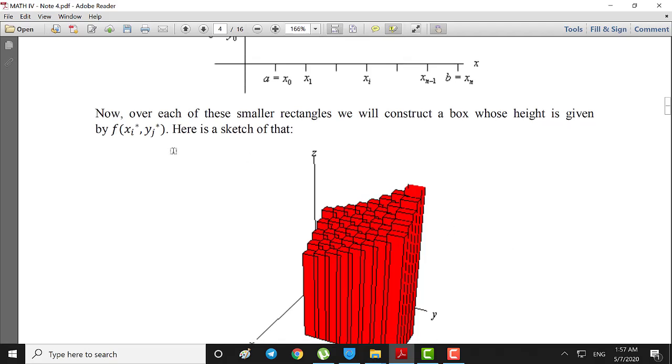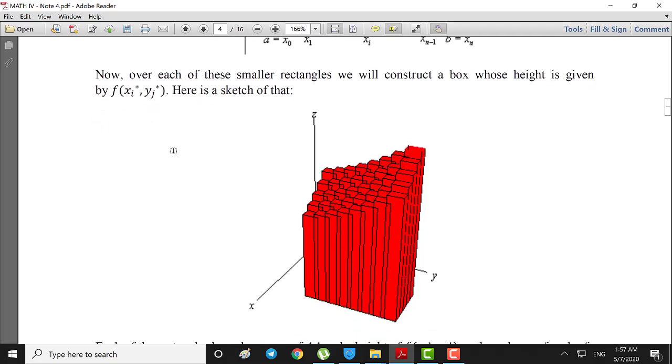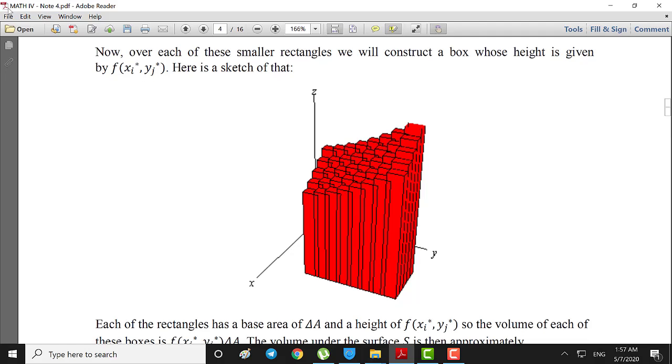Now, over each of these smaller rectangles, we will construct a box whose height is given by f of xi star, yj star. Here is a sketch of that, right?